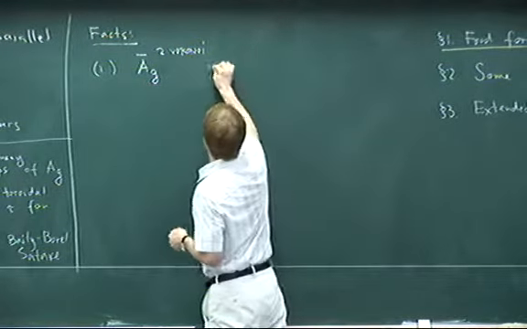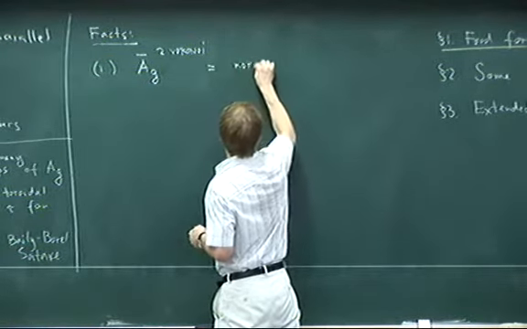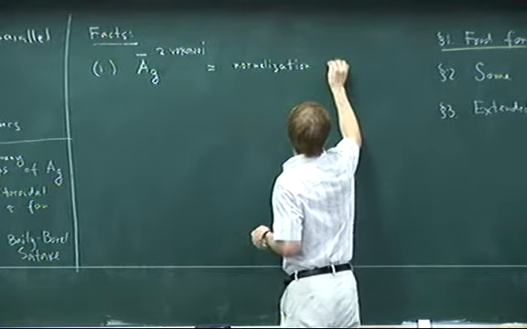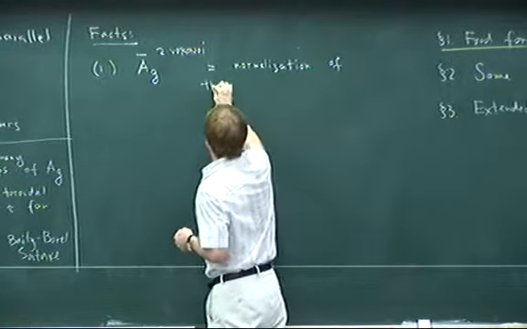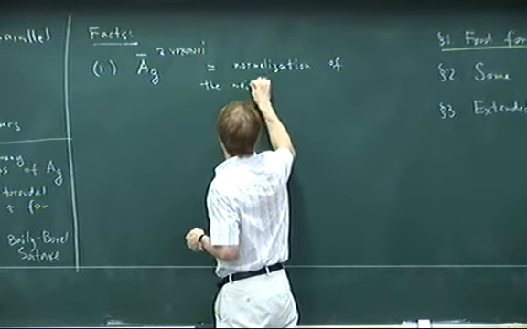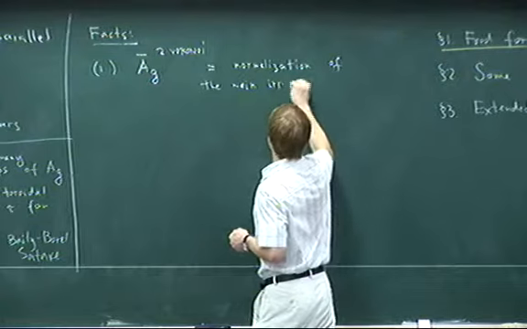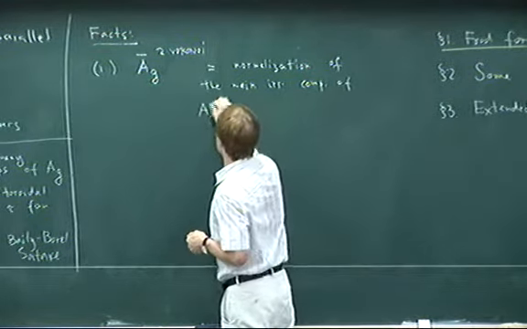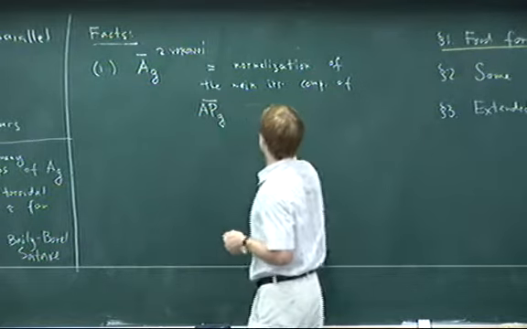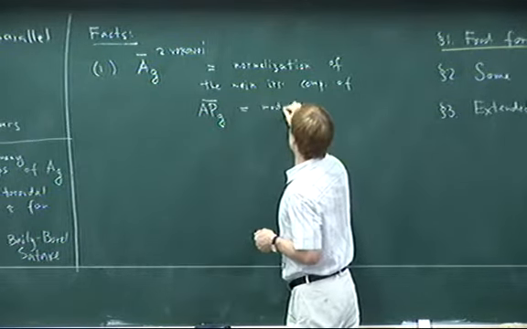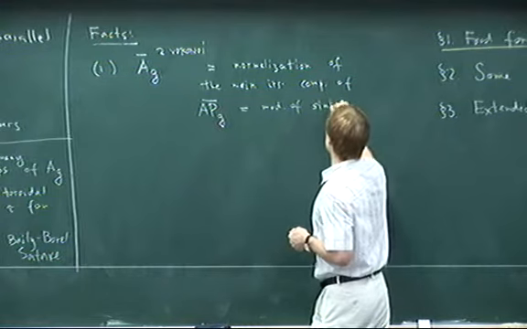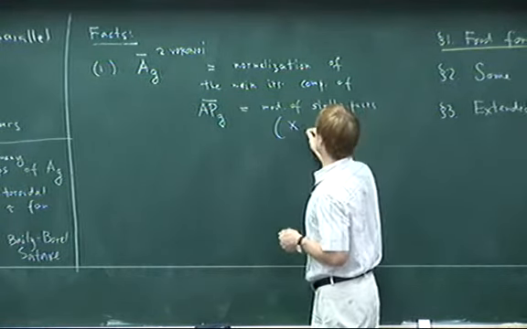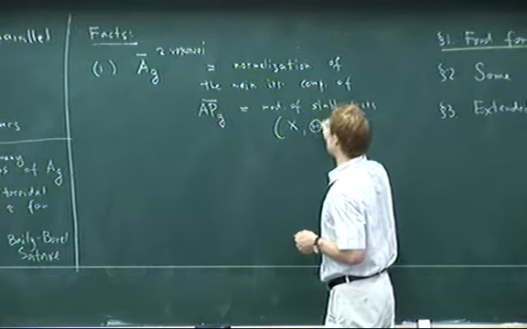This is the normalization of the main irreducible component of the moduli of stable pairs (X, theta).